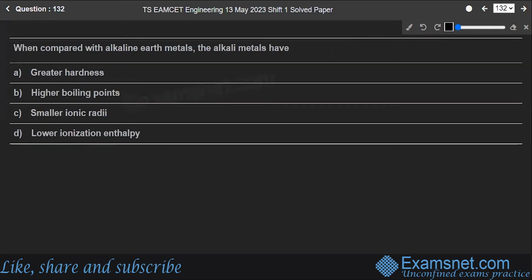Next is question number 132. When compared with alkaline earth metals, the alkali metals have greater hardness, higher boiling point, smaller ionic radii, lower ionization enthalpy. Alkali metals have low ionization energy as compared to alkaline earth metals due to their large size and valence shell electronic configuration.